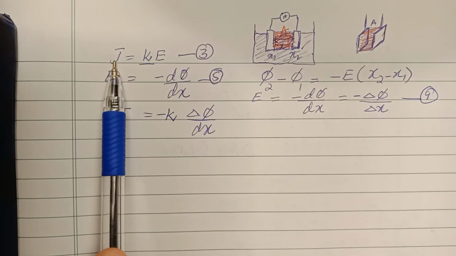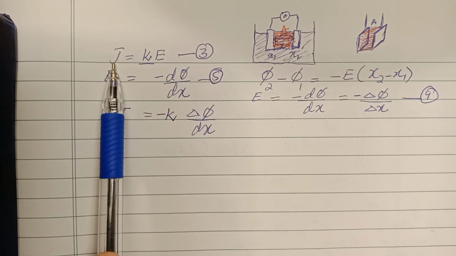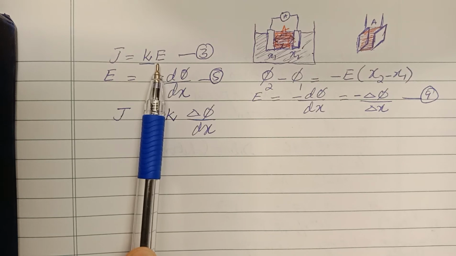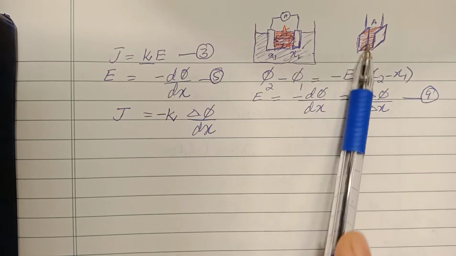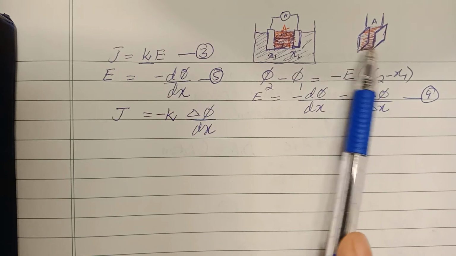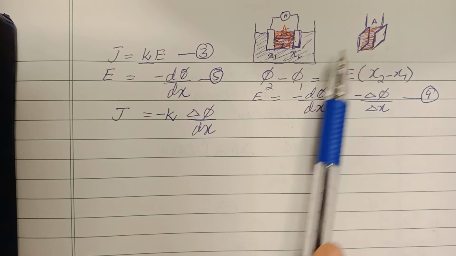So for constant value of current density at every point, the field strength E will be constant at every point in the solution that is present between the two electrodes.